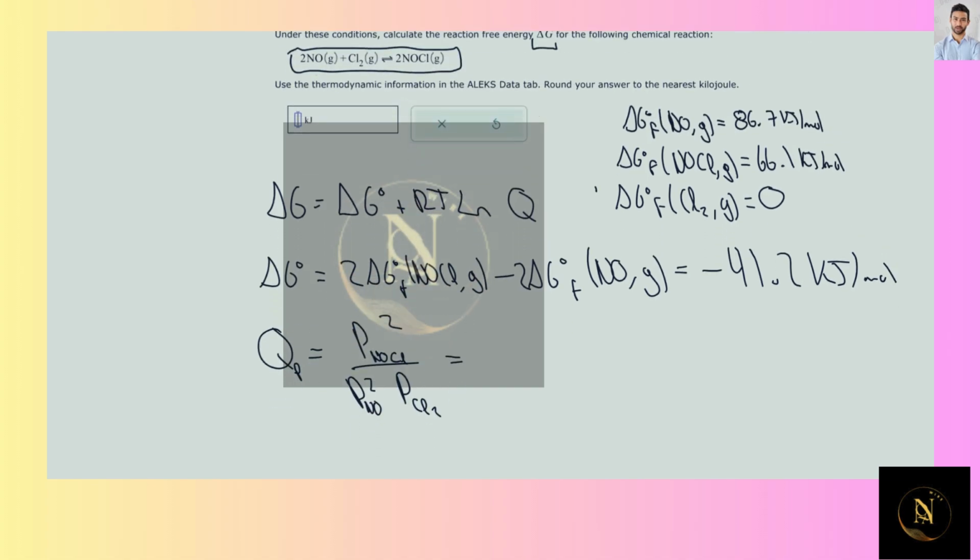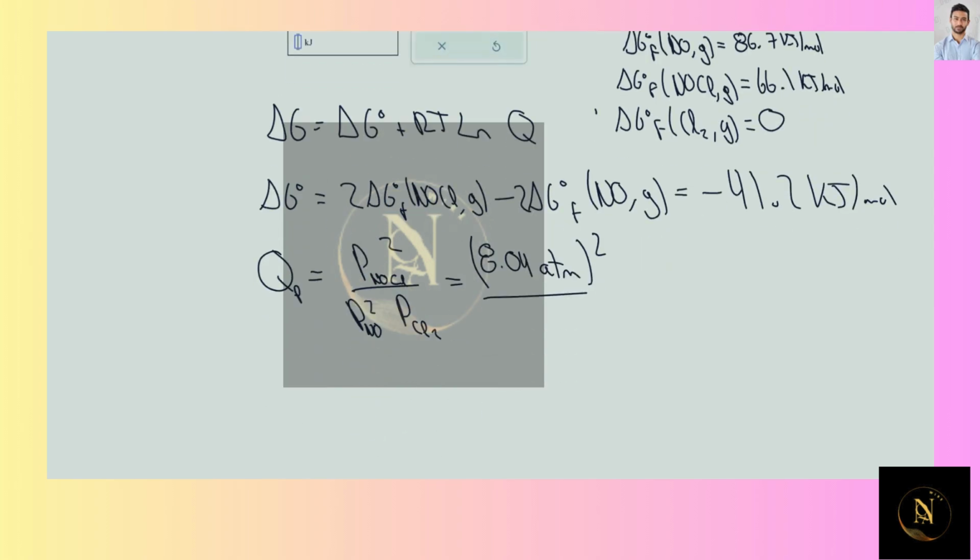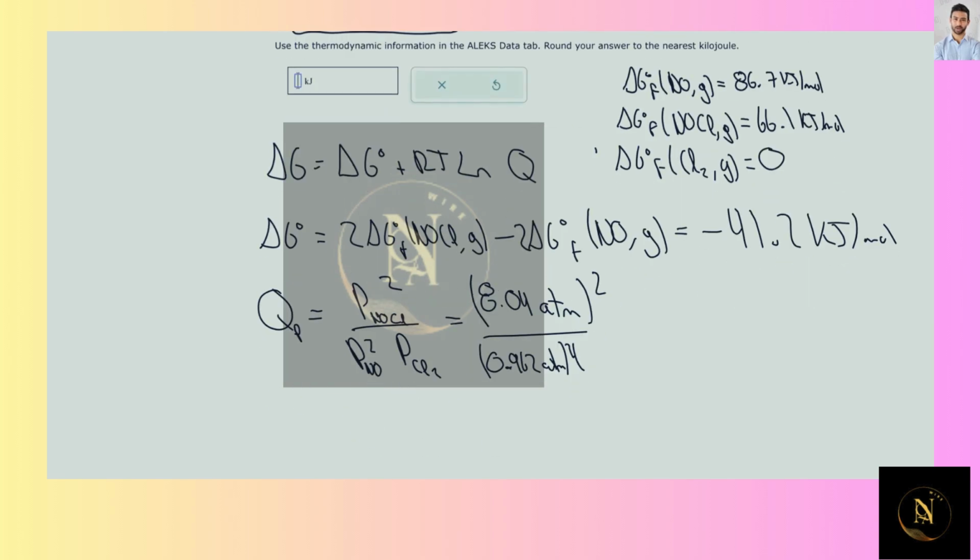So the pressure of nitrosyl chloride is going to be 8.04 atmospheres, in this case squared, divided by the pressure of NO, that is 0.962 squared, and the pressure of chlorine gas, which is 4.63 atmospheres.